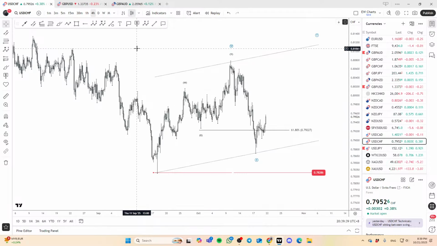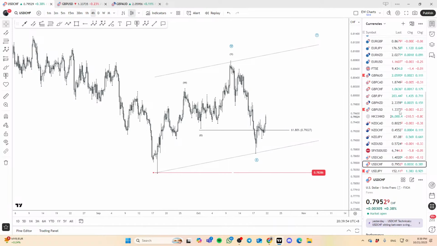So that's my take on the Dollar Franc. But of course, you want to go down to a lower time frame and see if you can get some sort of a buy trade setup to get involved in it. Directional wise, that's going to be the focus.